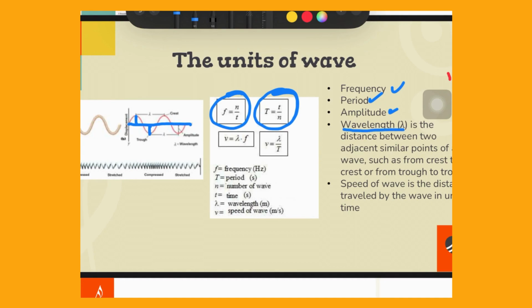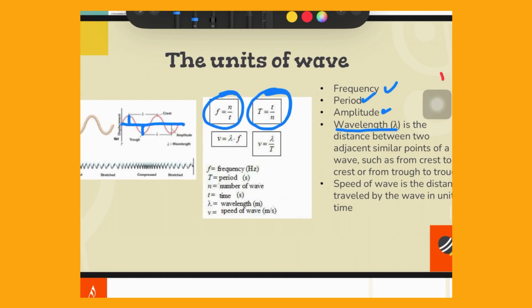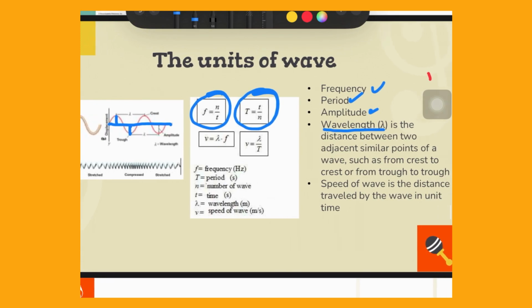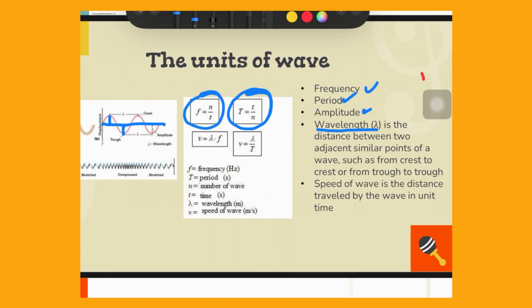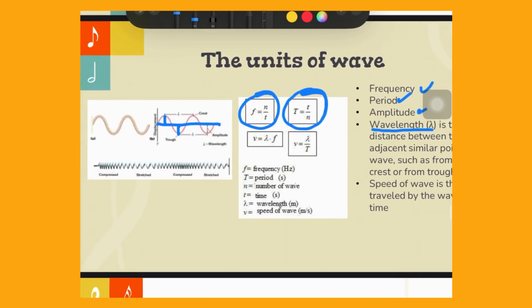The wavelength is the distance between two adjacent similar points of a wave, such as from crest to crest or from trough to trough. This is for example this picture.